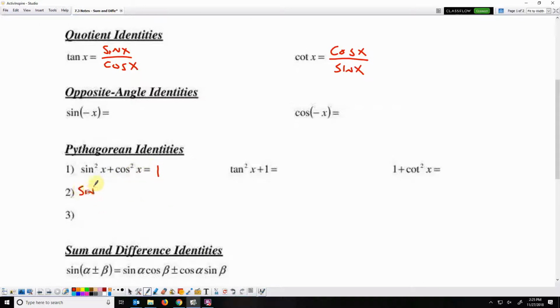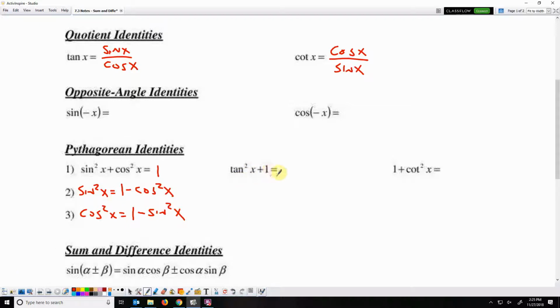Which means sine squared x is 1 minus cosine squared x, and cosine squared x is 1 minus sine squared x. So that's just a matter of moving cosine to the other side or moving sine to the other side and solving for the remaining one.